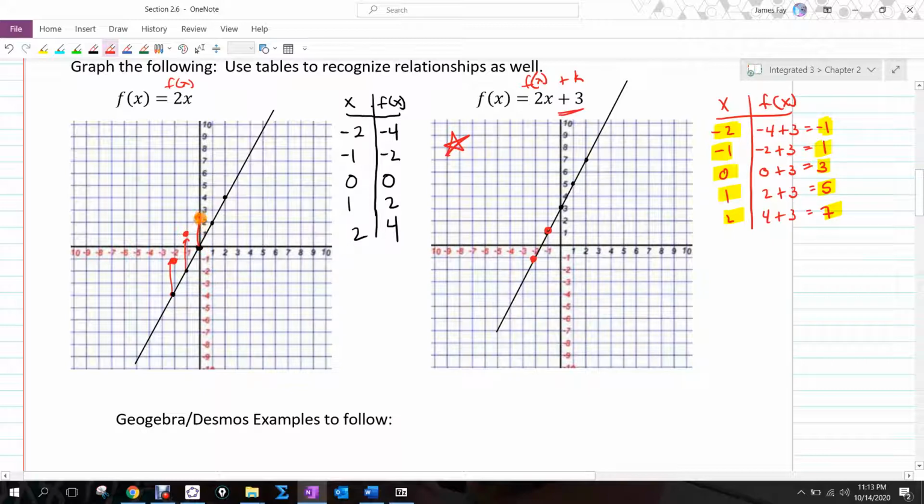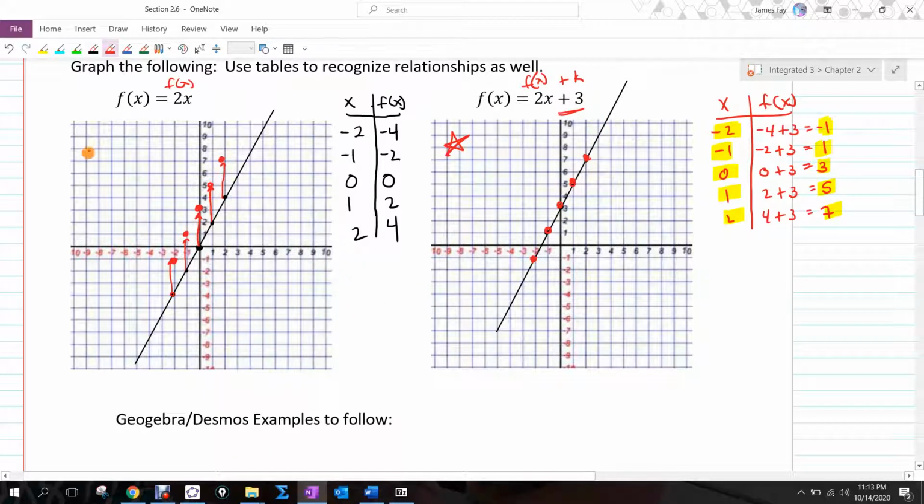This one shifted up 3 units would go right there, which matches to this point here. This one up 3 units goes there, which I've got graphed right there. And this one up 3 units would match up to that one there.